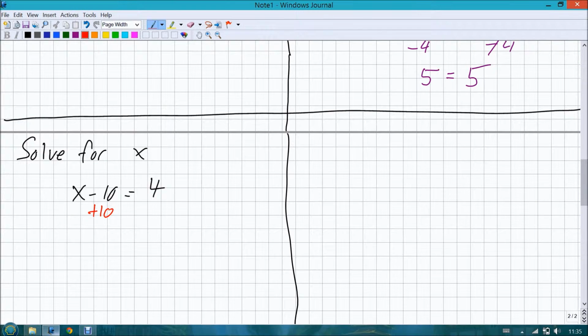But what I do to one side, I must do to the other. So I'm going to have to add 10 on the other side of the equal sign. And a cool trick that you can do is put a little dotted line here as like a border on the equal sign. And what you do to one side of the border, you have to do to the other side, just to keep things balanced.